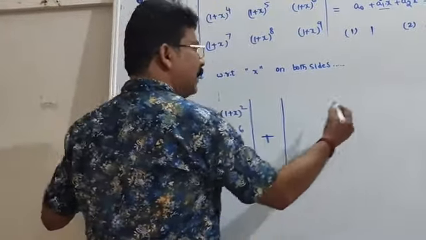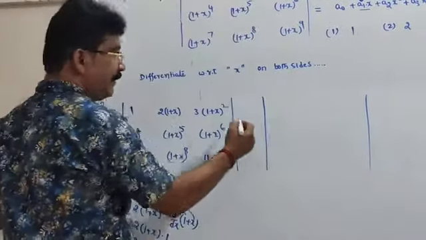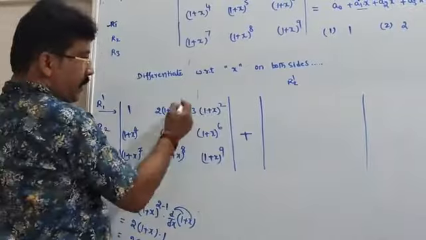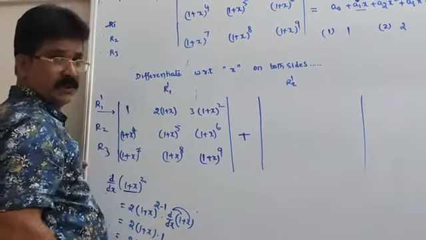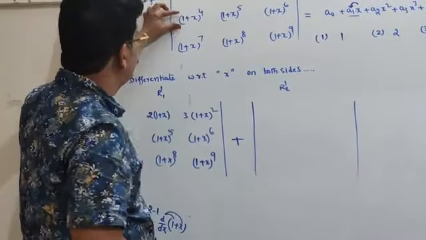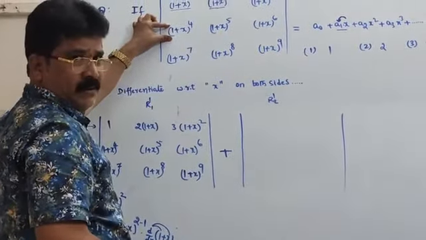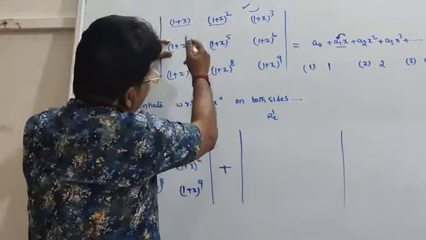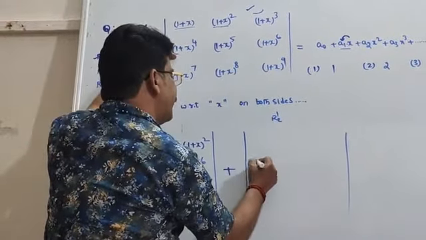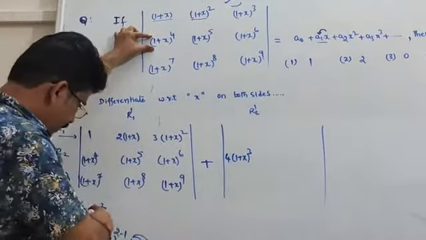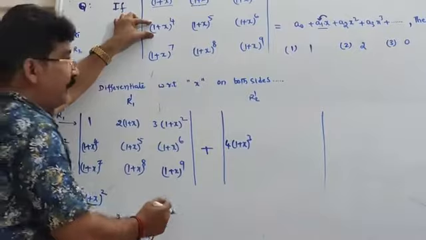Plus. Now this time differentiate R2, that is R2 dash. Here R1 dash, here R2 dash. R2 means differentiation. Shall I write directly once again? (1 plus x) to the power of 4, differentiation: 4 into (1 plus x) cubed, by using this formula. Already I said the formula.